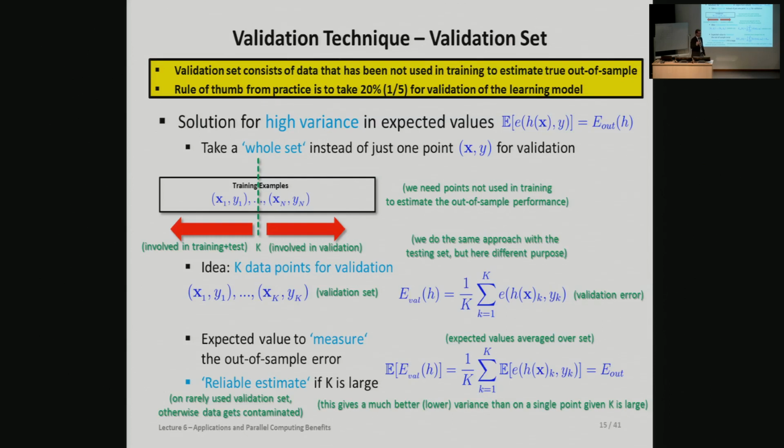It's a little bit derived from statistics, this idea, because basically what you have is high variances, and you would like to get to a more reliable estimate, and I have some examples that really show that. And if you now have the idea of putting these kind of, you know, cache here inside the training sample, for example, those will be involved in training and test, and these for validation, then you assume you have k points for validation, and you put them in your validation error.